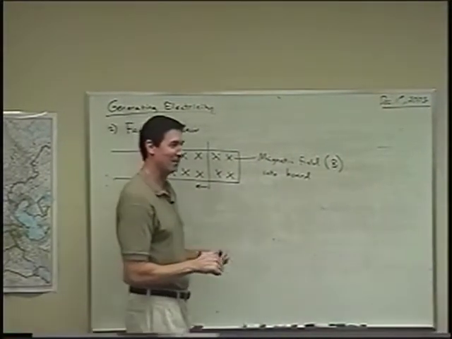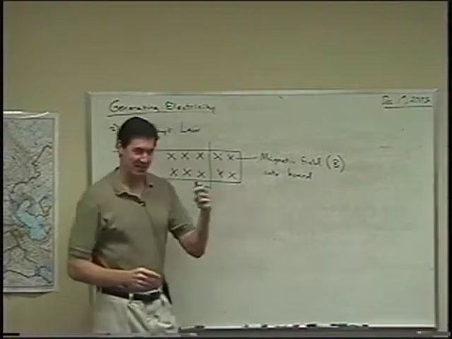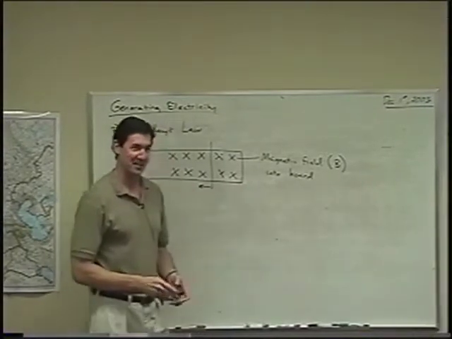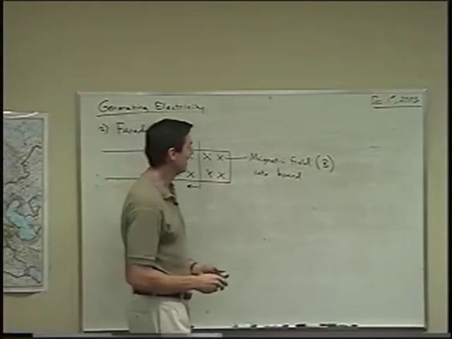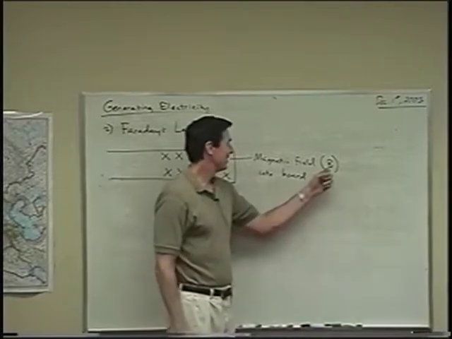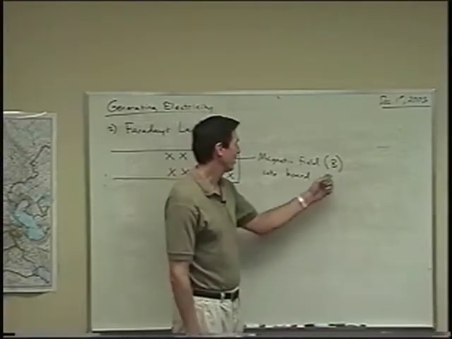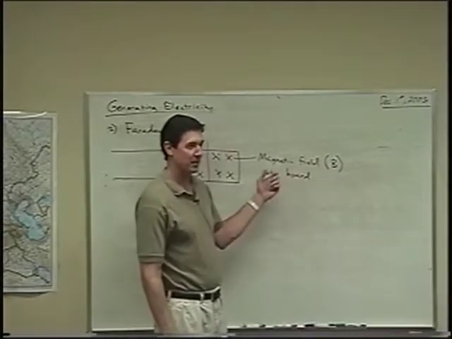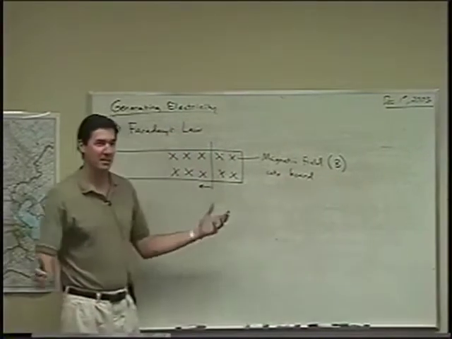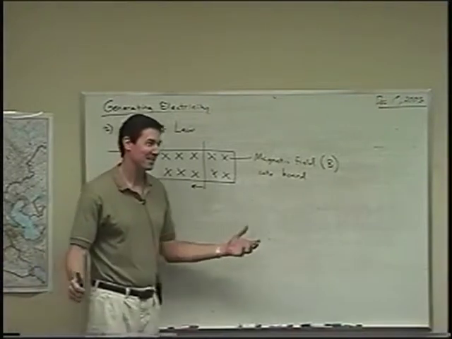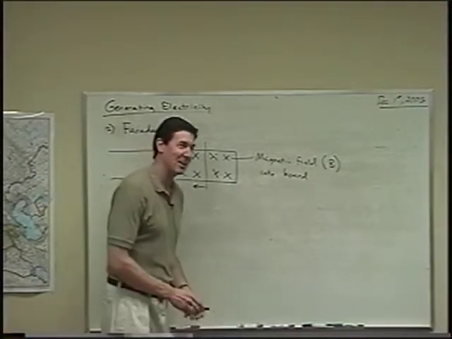Daniel obviously doesn't like that from the expression on his face. But again, it's one of these cases where we're starting to run out of letters, right? Because if I call it M for magnetic field, well, that seems to make sense, but M is mass, right?